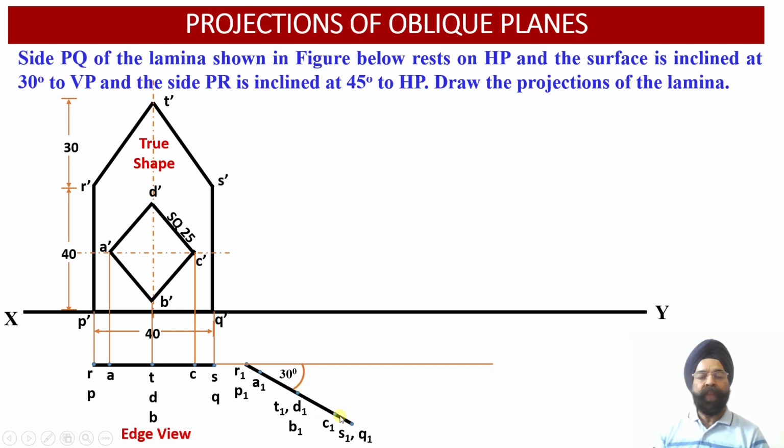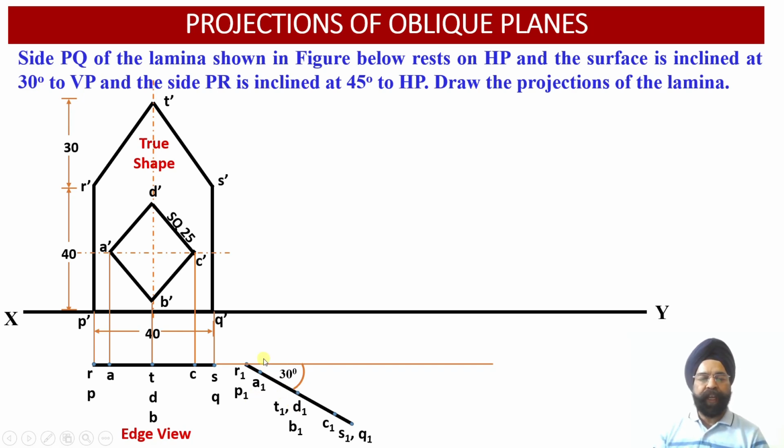So this way, we can see 9 points existing on this particular edge view: 5 points, that is P, Q, R, S and T, corresponding to the boundary of this lamina, and 4 points corresponding to the square hole within this lamina. So all these 9 points of the top view which are obtained onto the edge view projection will be transferred from the previous edge view which we had drawn earlier.